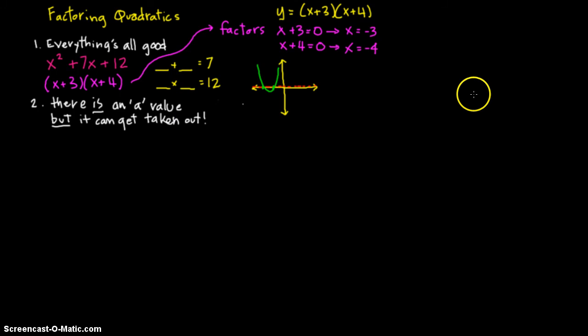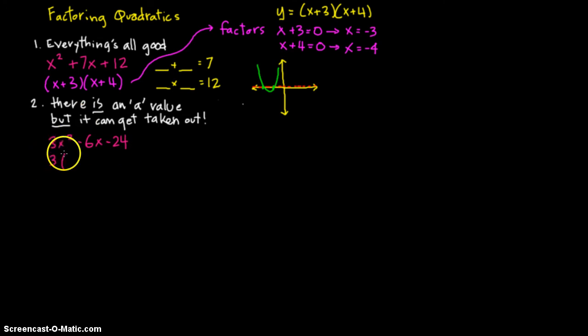Hooray. Okay, so let's see what that looks like. I'll give you an example of that. 3x squared minus 6x minus 24, and I look at that and I go, oh no, I've got an a, it's 3, but wait a minute, 3 goes into 6 and 24. I can take that 3 out of everything else, so let me do that.